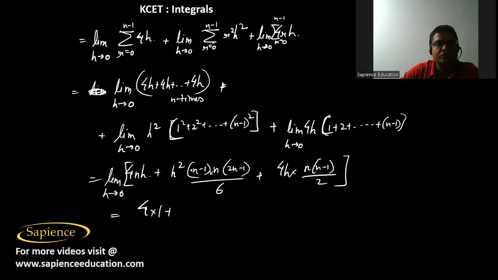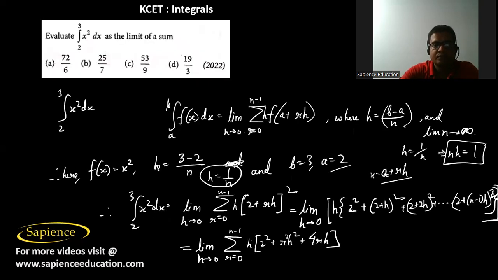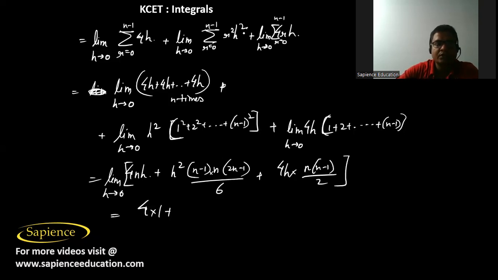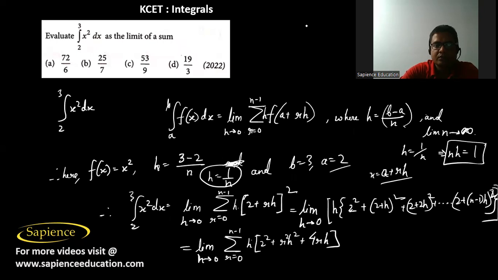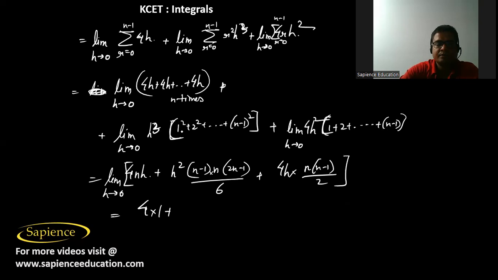This is okay, so this will be h cube actually, r square into h cube, and this will be h square, 4r h square. So this will be h square, this will be h cube, so this is 4 into 1.